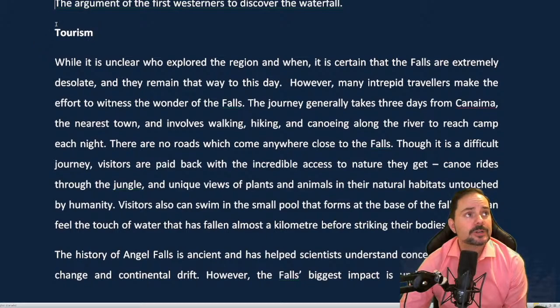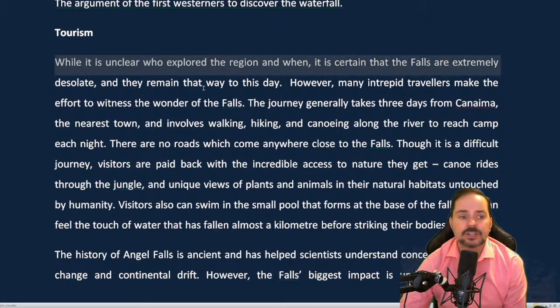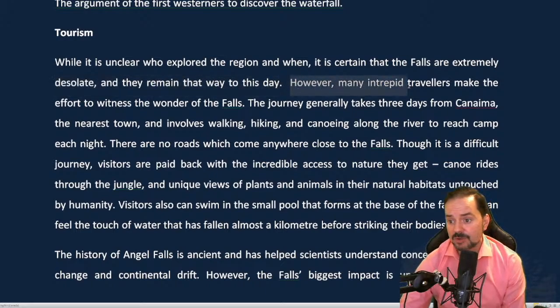Read with me. Tourism. All right. While it is unclear who explored the region and when, it is certain that the falls are extremely desolate, and they remain that way to this day. However, many intrepid travelers make the effort to witness the wonder of the falls.